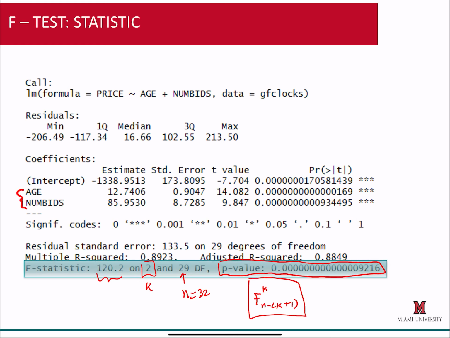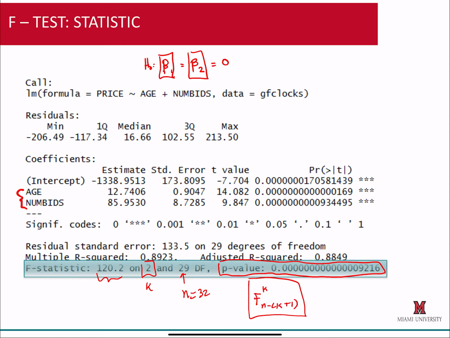So the p-value tells us, what is the probability if the null hypothesis is true? Remember, the null hypothesis for the F test is that every beta, every slope in this case, is equal to 0. So the slope for H and the slope for number of bitters both are equal to 0, meaning neither H nor number of bitters are good predictors.